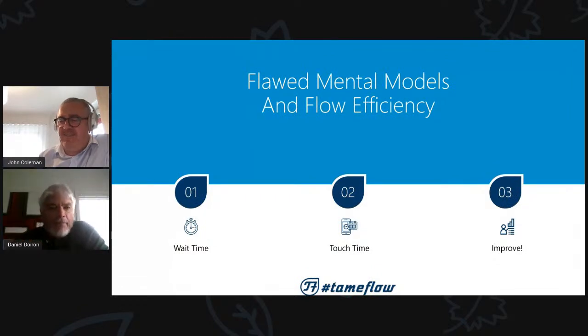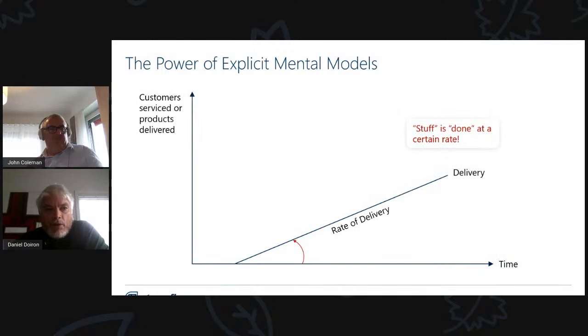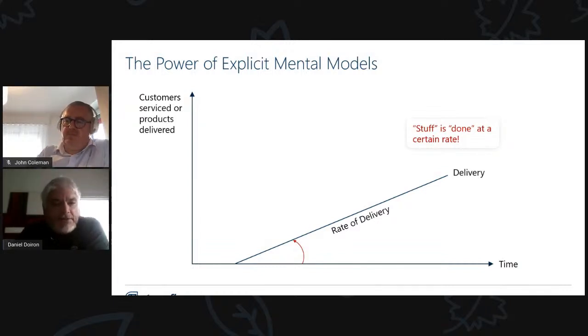Thank you. Flawed mental models and flow efficiency. We've got wait time, touch time, and how do we improve? Now, getting more stuff done with flow efficiency, we are going to look at CFDs. For the next 20 slides, we're going to have CFDs.